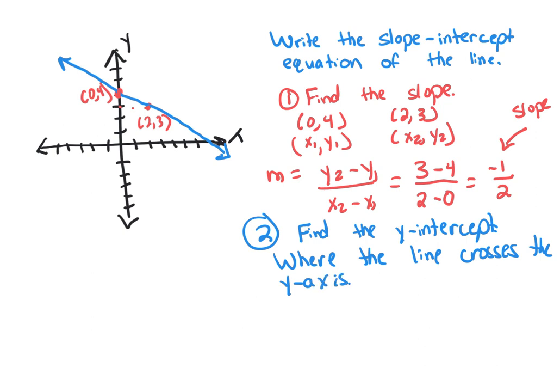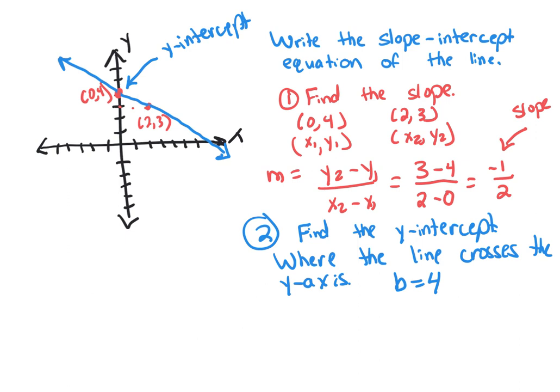Here, that point is going to be right there at (0, 4). We just need the y-coordinate for it. So in our case, we just need 4. So our y-intercept, or b, equals 4.